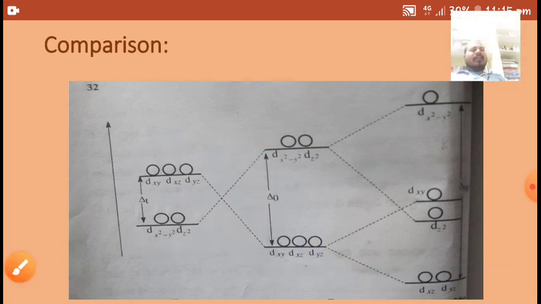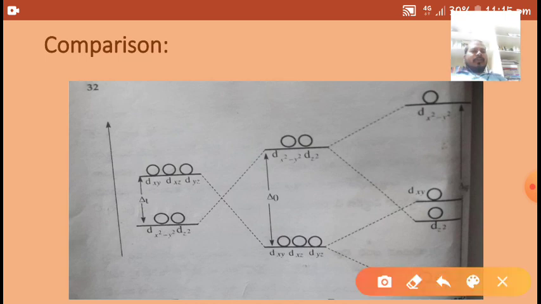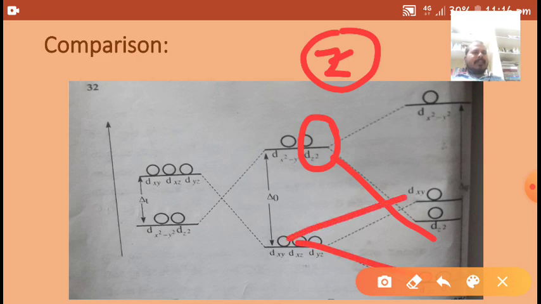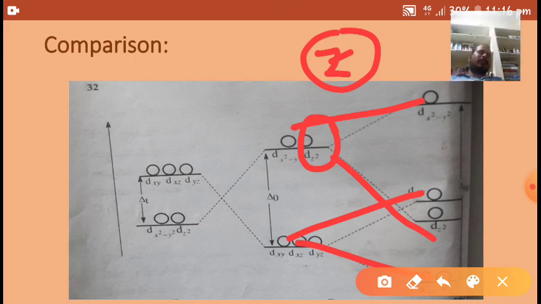Okay, after that, there are no ligands along the z axis in square planar complexes. So z orbital energy will be decreased. So dz square energy will be decreased here, and dyz and dzx energy will be decreased. Dxy energy will be increased. Here dx square minus y square energy will be increased.